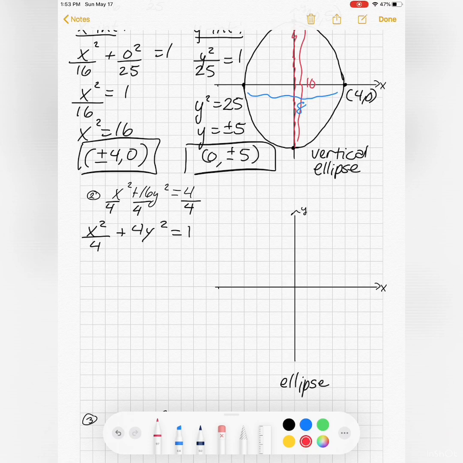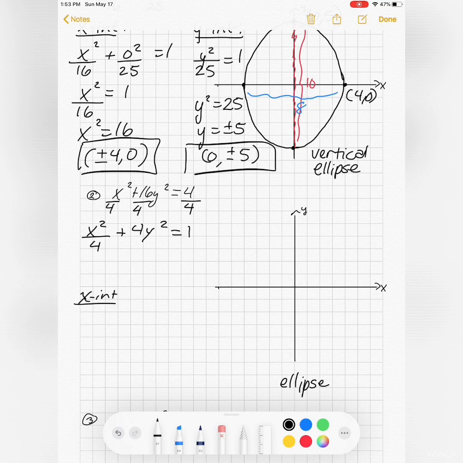So the interesting thing about this one is I end up with this coefficient on the y squared, okay? So that guy is not in the denominator, it's in the numerator. So again, one thought is, well, I guess I can just find the x-intercepts.